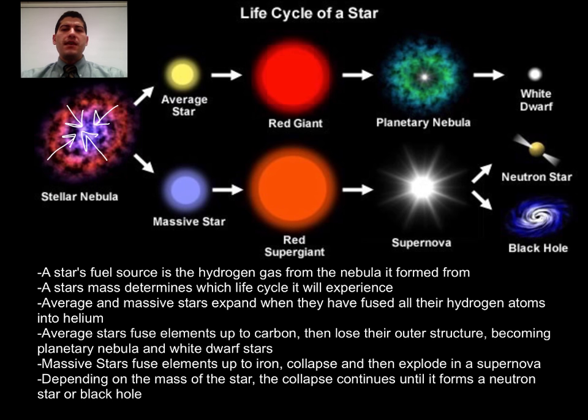There isn't enough heat or pressure to fuse carbon into something heavier, and there's too much pressure for gravity to hold the star together anymore. When an average star dies, it's a quiet death. Its outer layers drift back into space, creating a planetary nebula, with only its carbon-rich core remaining. The core is known as a white dwarf star.